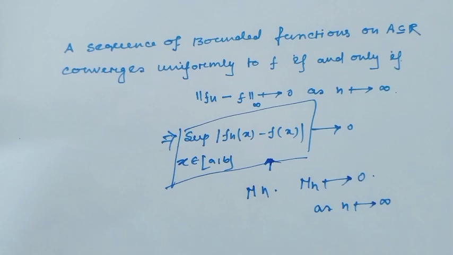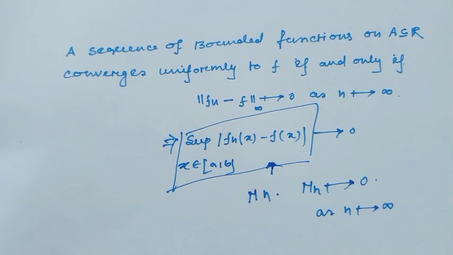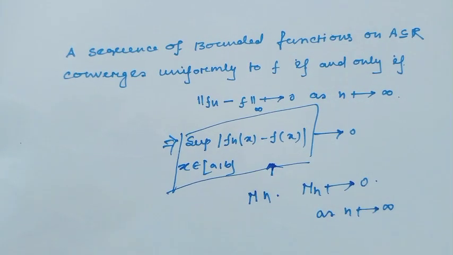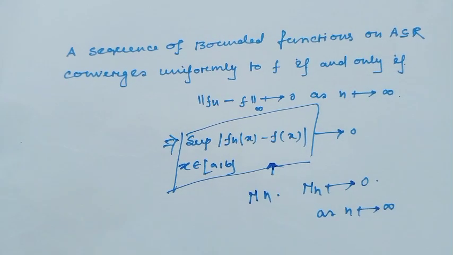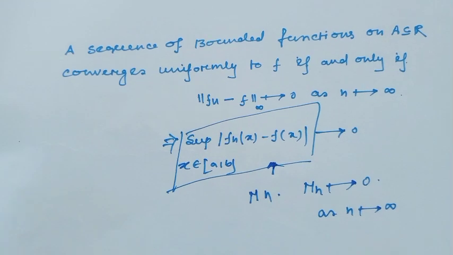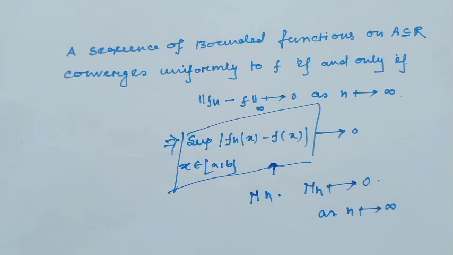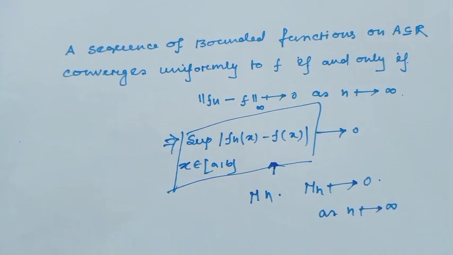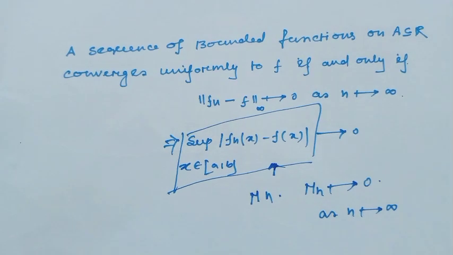That means that to determine whether a sequence of functions is uniformly convergent or not, we use the uniform norm or sup norm. The function is defined on this norm.